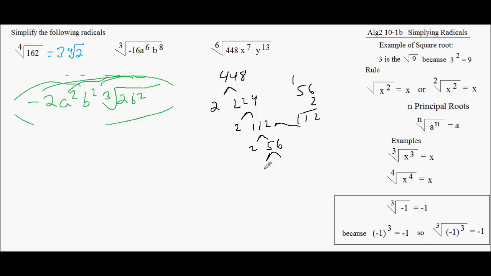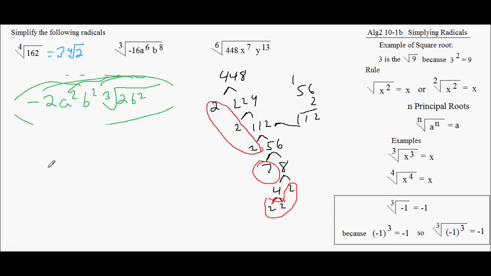So this is 7 times 8, and 8 is 4 times 2, which is 2 times 2. Notice that I now have 6 2's and a 7.